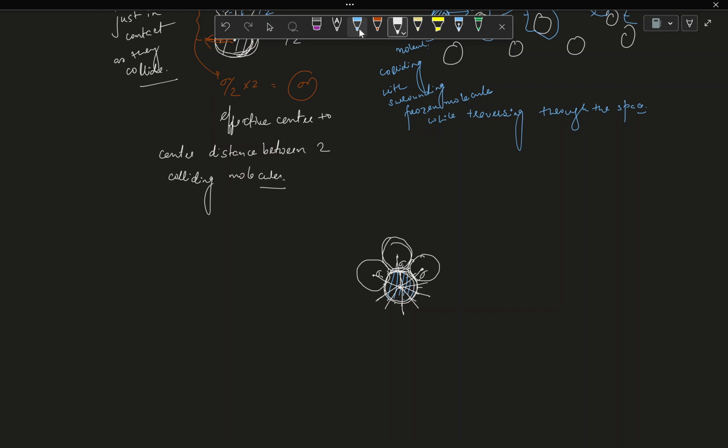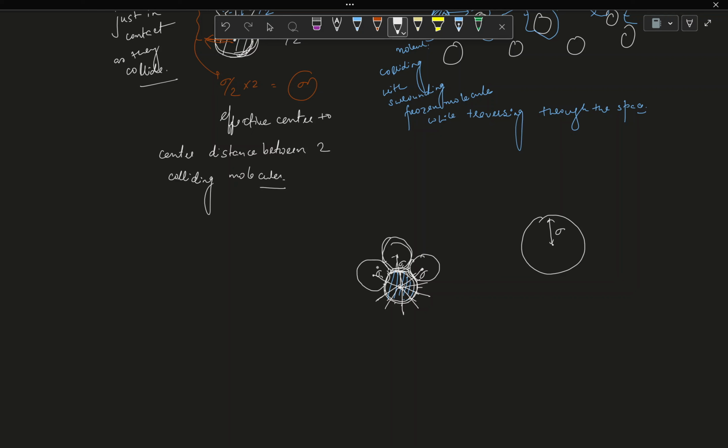So what will be the effective area within which, if other molecules come in contact with this moving molecule, they will be most probable to collide with it? From there we get the idea of collision cross section. You can think of it as if there is a sphere of collision which has a radius of sigma.